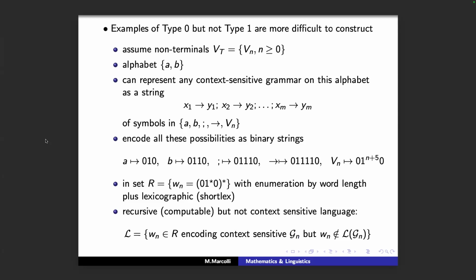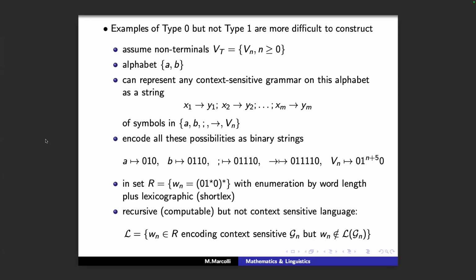And the way you can do it is by one of these tricks like Gödel numbering that works like this. You construct a certain family of grammars, built from a set of strings that you can encode in binary strings, and then you define your language as being the words that are of a certain type in terms of sequences of zeros and ones.